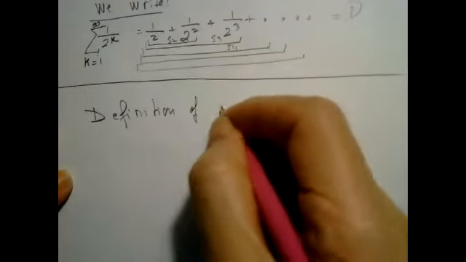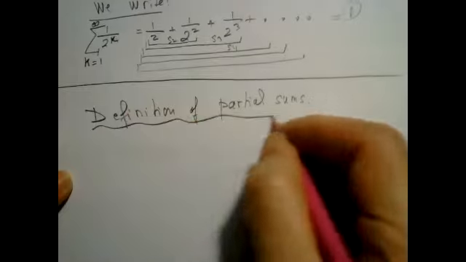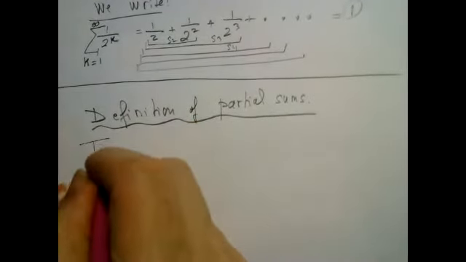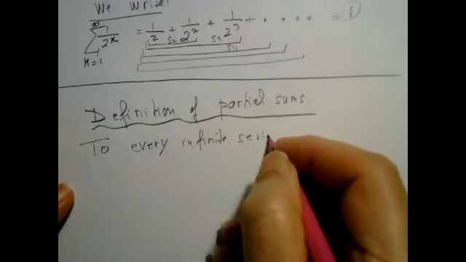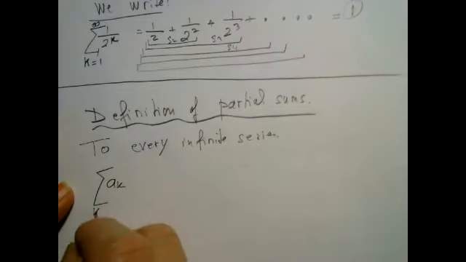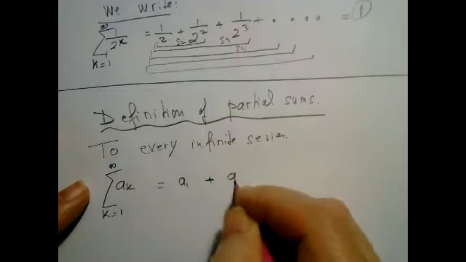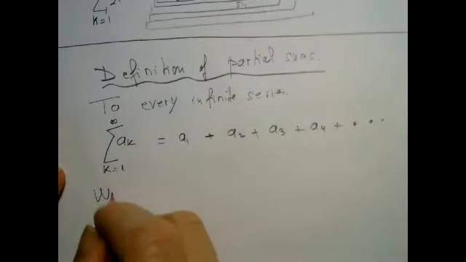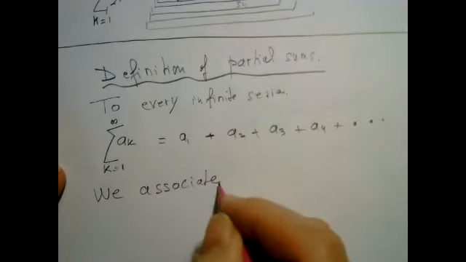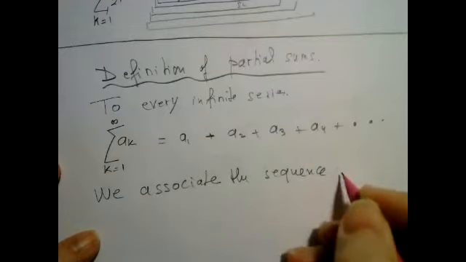To every infinite series, sigma ak, k equals 1 to infinity (it could start at 0; this is not an issue), we are going to associate the following sequence.